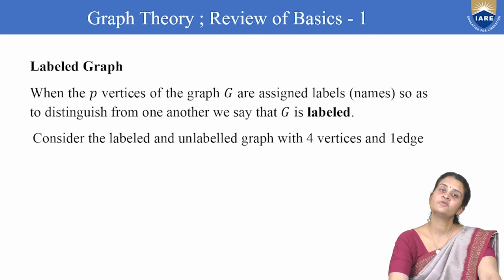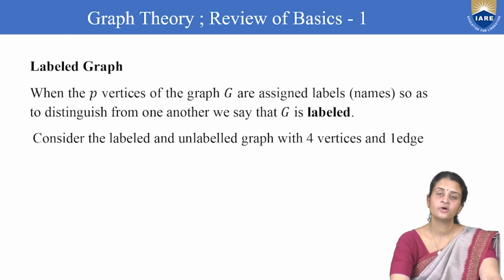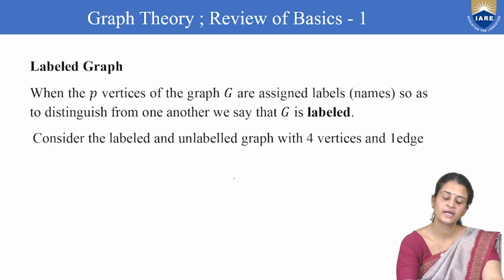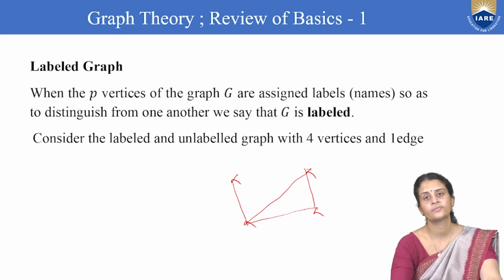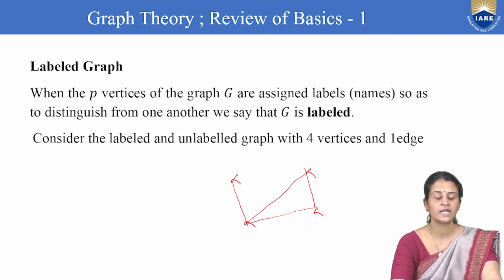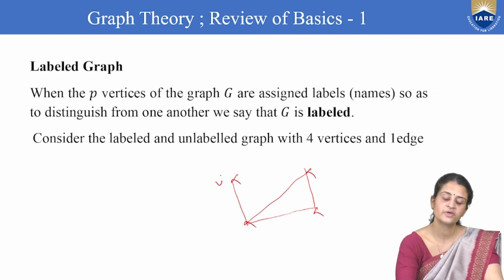Now what is a labeled graph? If we draw a graph like this, have we given any names to these vertices and edges? No. If it is not named, it is called an unlabeled graph. Suppose I give names V1, V2, V3, V4.